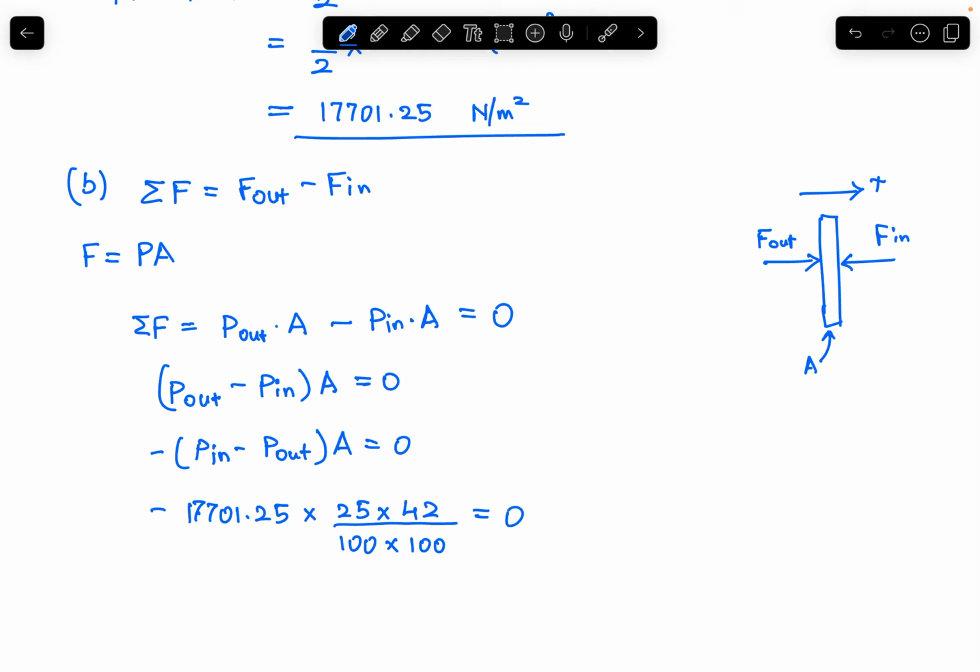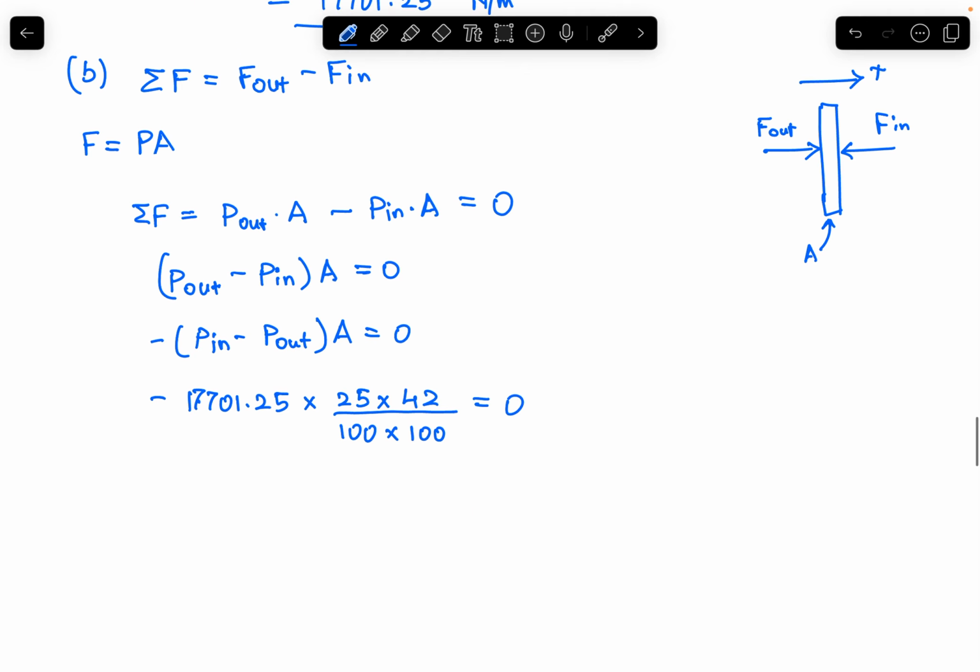This is equal to 0. Actually, this is not equal to 0. This is equal to F net. Pardon the error, because we are not told that this is an equilibrium.